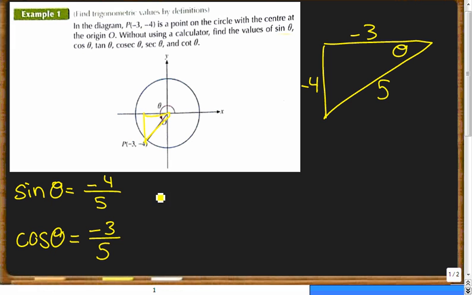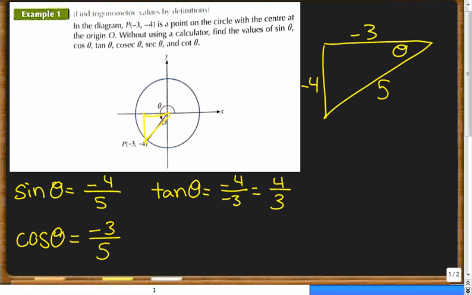Then we have our tangent of theta is going to be our y over x, so it's going to be -4 over -3. Now this can simplify to make 4/3. So you see, the tangent can be a different sign than the sine and cosine. The sine and cosine can also be different.